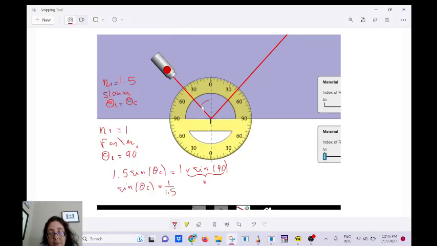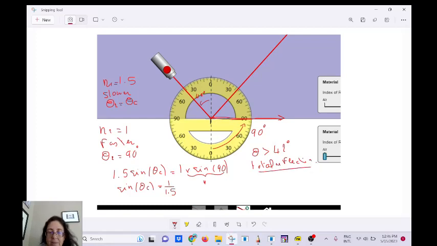So when you get to 42 degrees, the refracted angle here is just 90. And for an angle larger than 42 degrees, there is a total reflection.